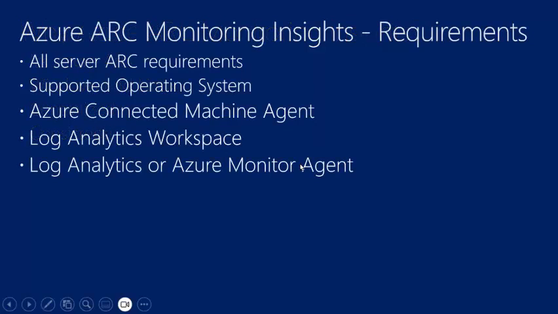So that's another advantage. So what are the requirements to implement this? Well, at the base, all of the server Arc requirements are requirements. You need to be able to onboard your server to Azure Arc. The good news is everything that's out there that's supported is supportable with Azure Arc.